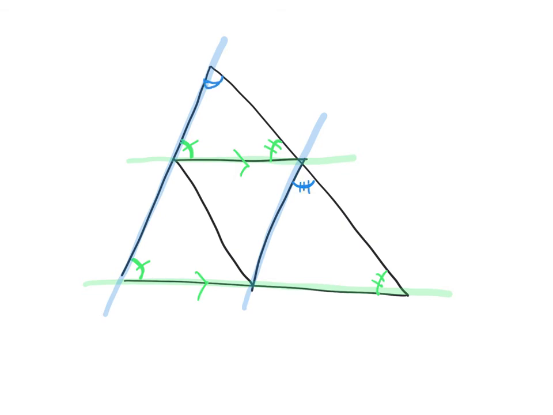I'm going to give those 3 tick marks because they don't line up with any of our other angles. But then I also know that this angle down here corresponds to this angle right here, which is already a single tick mark angle. So I'm going to label it with a single tick mark as well. So we're starting to see some common congruencies here.